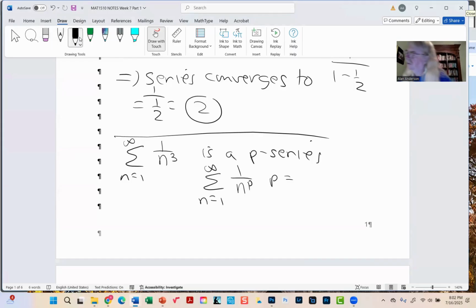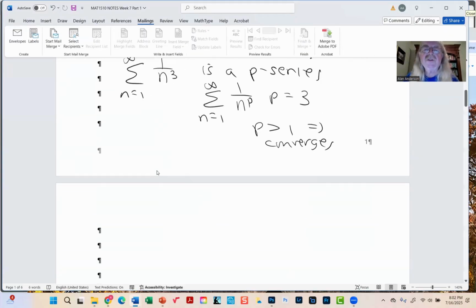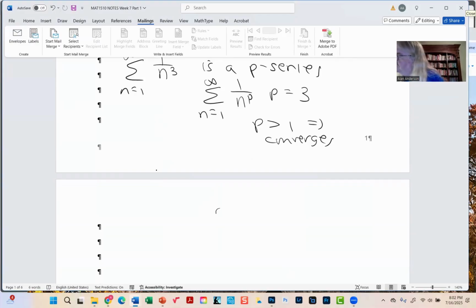In other words, if p is strictly greater than 1, then the series converges. Oh, sorry, it's not n, it's p. It's p that we're comparing with. n is the index. But of course, anything below that, between 0 and 1, diverges.